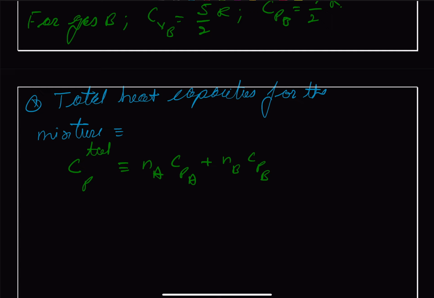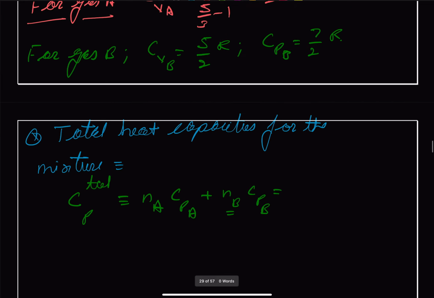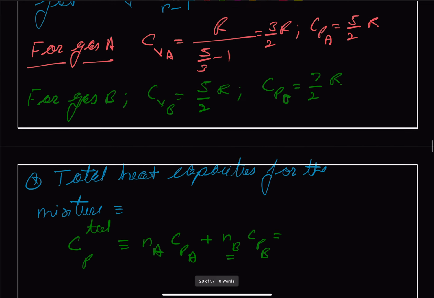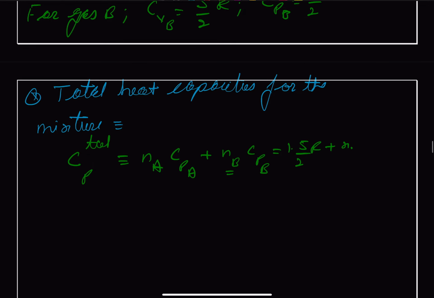Okay, and like we said, NB we are going to take as x, so we can write this as Na is 1 and Cp is 5 by 2 R, so we can say 1 multiplied by 5 by 2 times R plus x, and this becomes 7R upon 2.